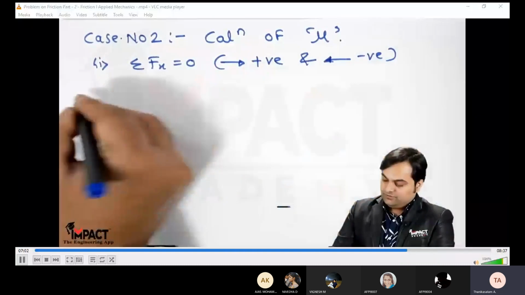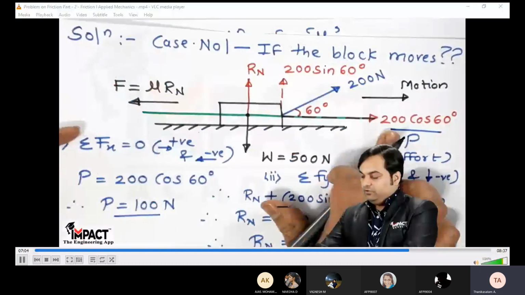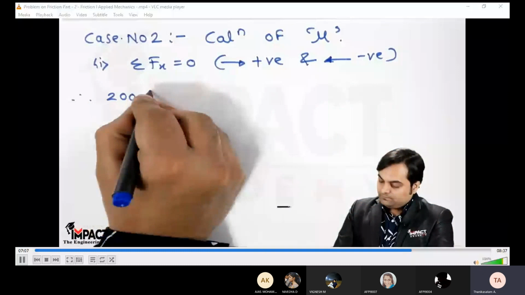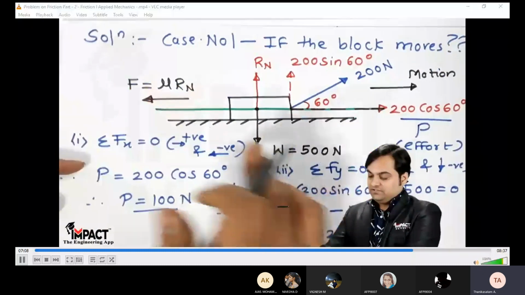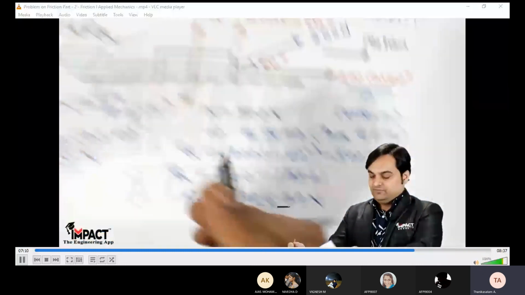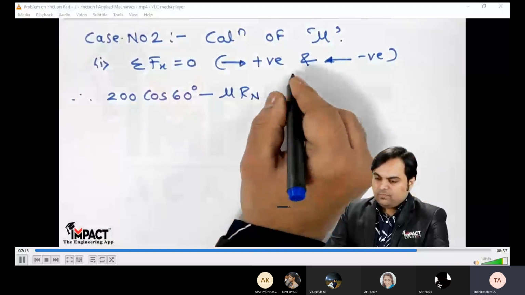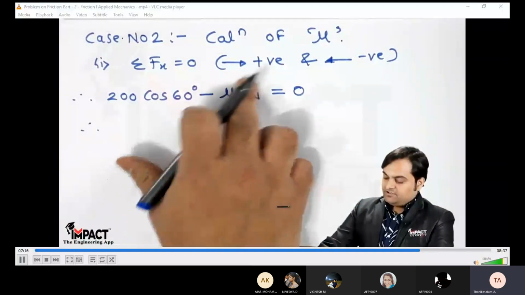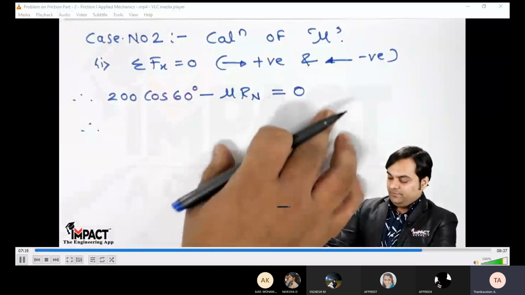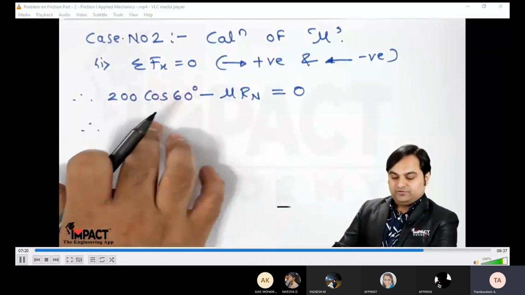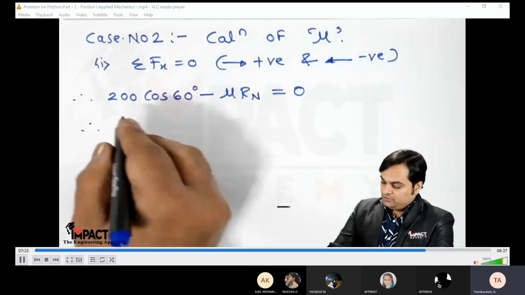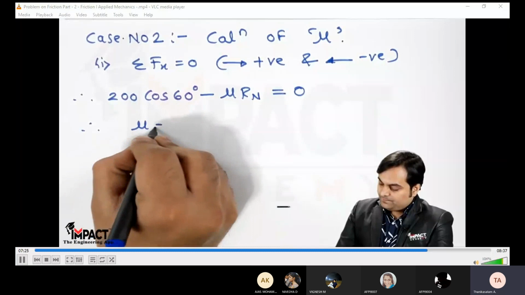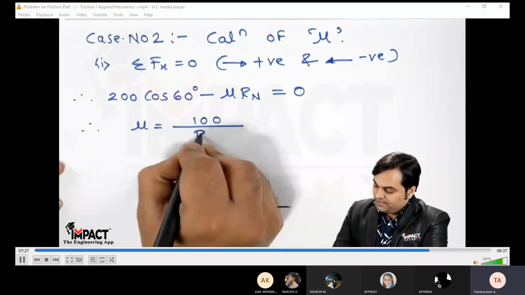So we have 200 cos 60 as positive minus F, which is mu Rn, equal to 0. So minus mu Rn goes to the other side and becomes positive, and the value of 200 cos 60 is 100. So mu will be 100 divided by Rn.